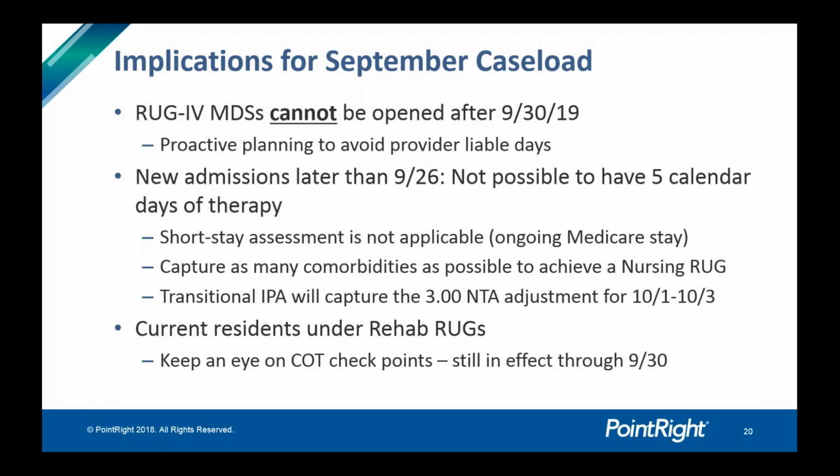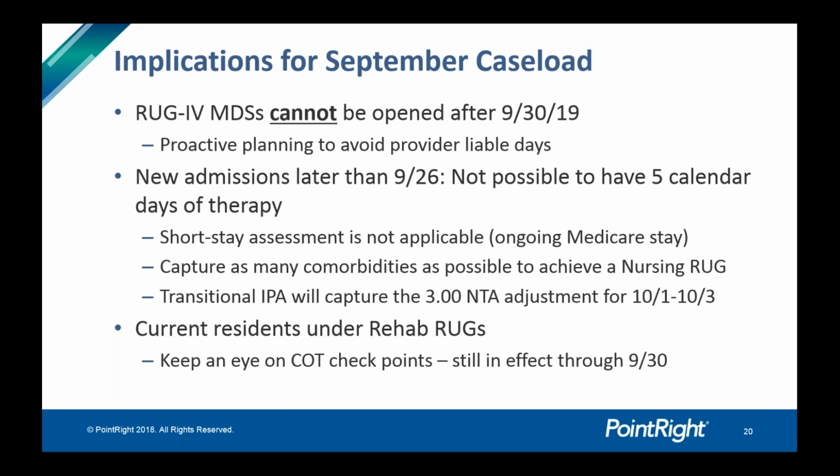So if you don't have enough therapy in to get a rehab RUG for that last RUG MDS, make sure you capture as many clinical comorbidities, diagnoses, et cetera, as possible to get a decent nursing RUG, a decent non-therapy ancillary count, because that's going to be the new reality going forward.